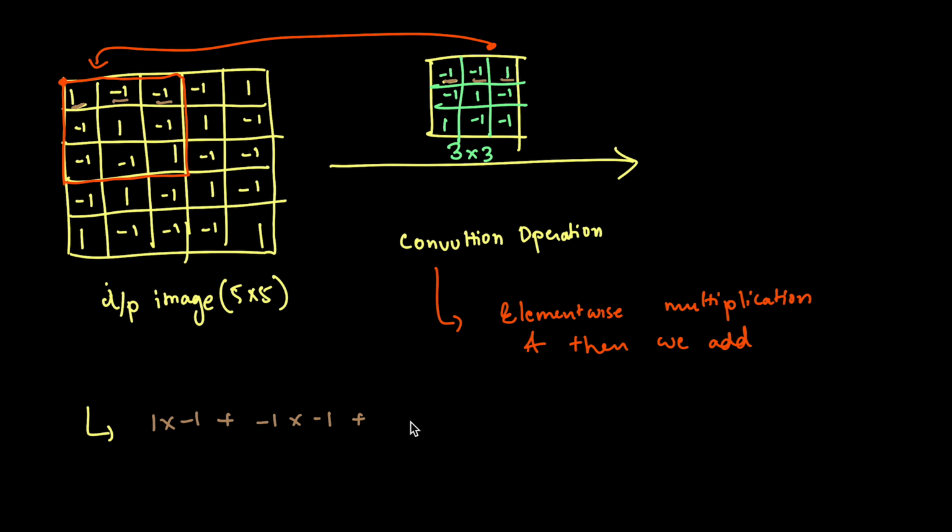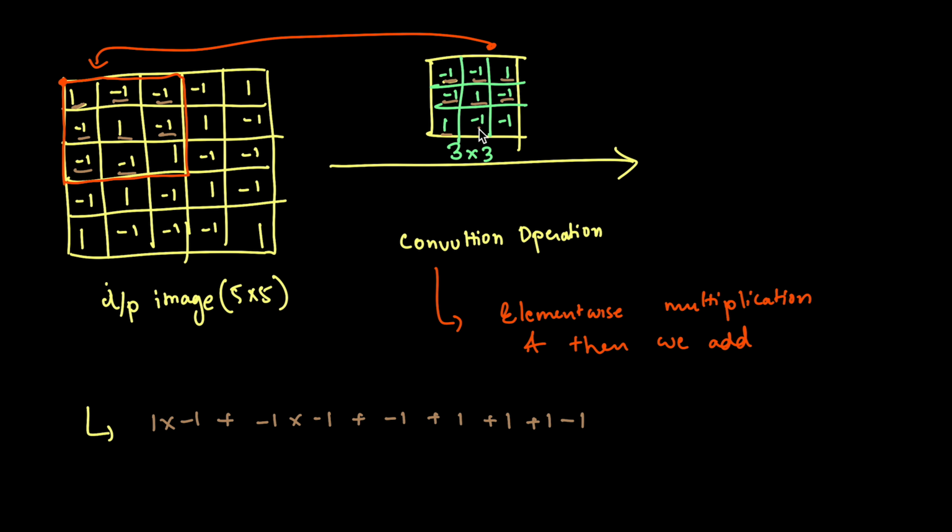So here there is a mismatch, so it will be -1, and here there is a match, so it will be +1, and here there is a match, again +1, and here there is a match, so again +1, and here there is a mismatch, so it is -1.